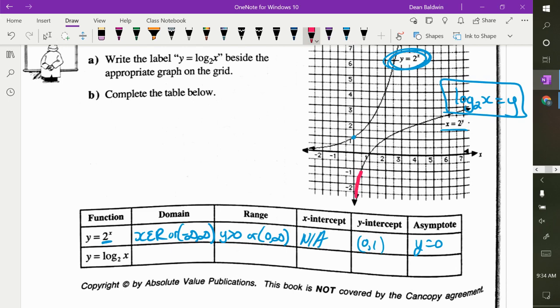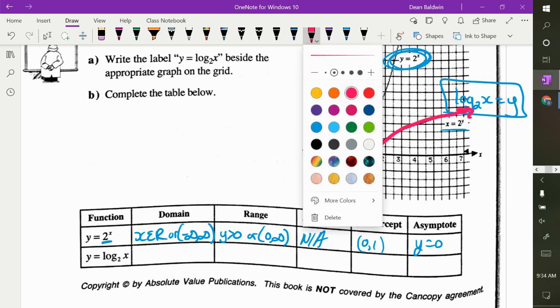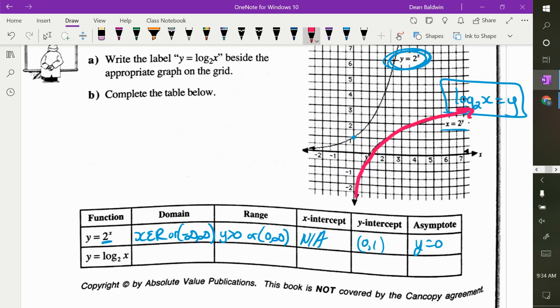So for the logarithmic graph, which is this one, what is the domain of the logarithmic graph? It's greater than 0. See, because remember it has a vertical asymptote here. So it's x is greater than 0. And if you remember, the logarithmic and the exponential are inverses of each other. So when you're doing an inverse, the domain and range flip, right?